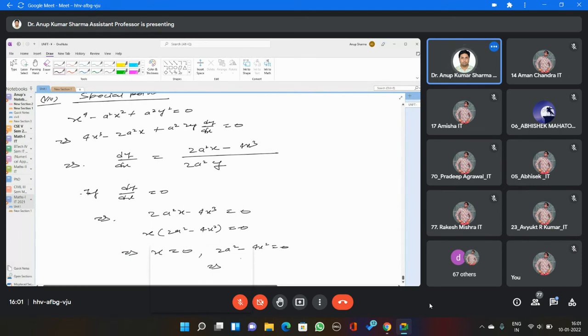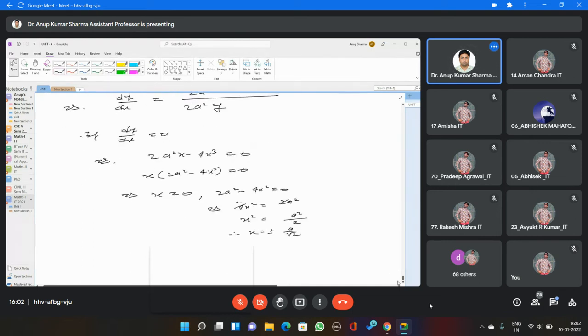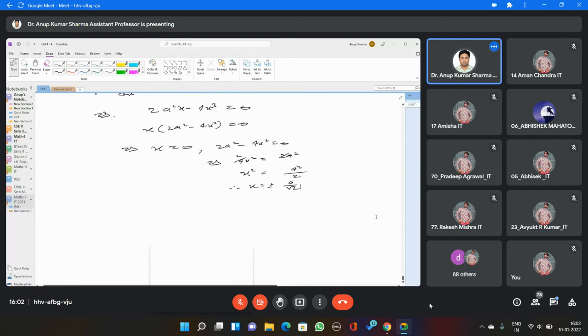This implies that x square is a square upon 2, so x is equal to plus minus a upon root 2.